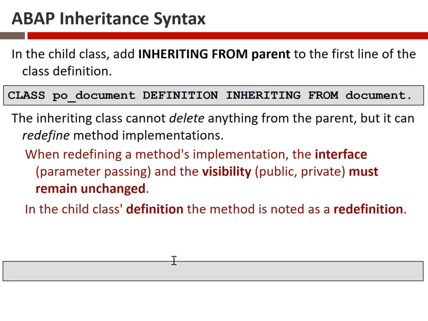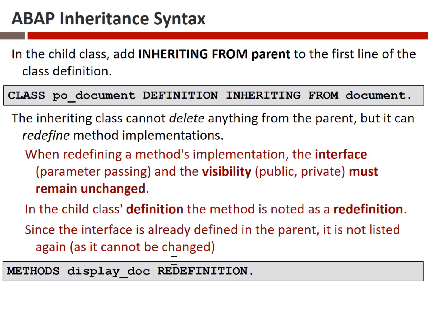The answer is, in the child class's definition, I insert a statement that I'm going to redefine a method that has already been created and that I have through inheritance. Since the interface is already defined in the parent, I don't list the interface again. So literally, I just put this in the definition: methods, the name of the method, and then the keyword redefinition.